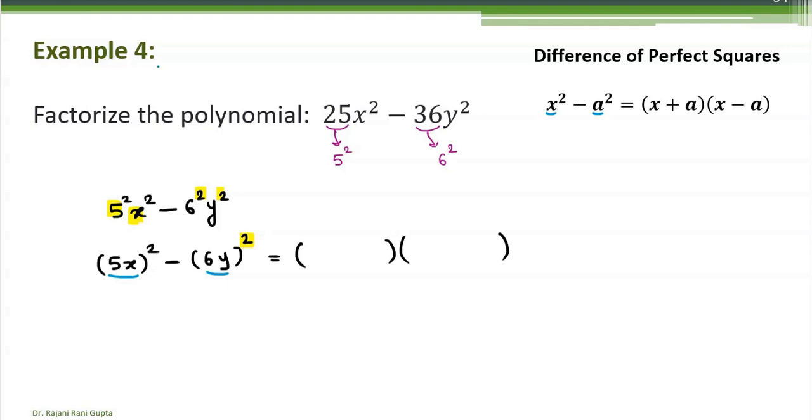First number 5x, second number 6y. First term is 5x, 6y. One time with plus, one time with minus, and you are done. So this is how you factorize when you have a difference of two perfect squares. Note that this is possible only when you have the function in this form, otherwise it's not possible.